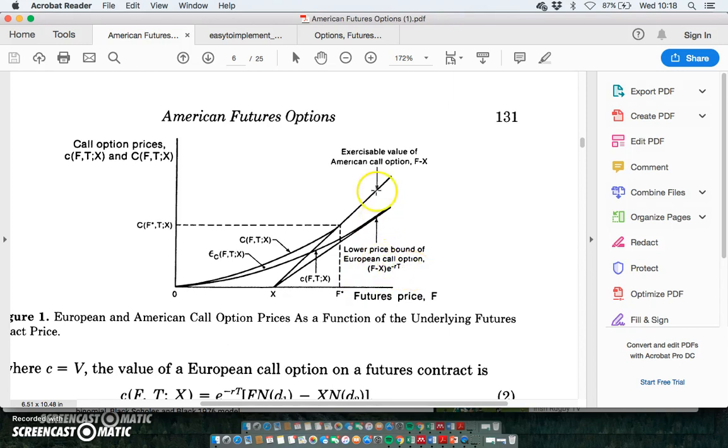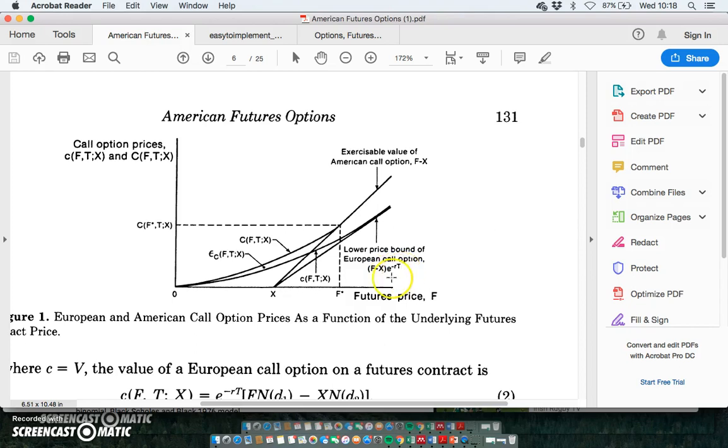So largely it's observable that as r and t increase, the gap between these two opens up, and that's largely what determines the difference in the relative values of American and European futures options.